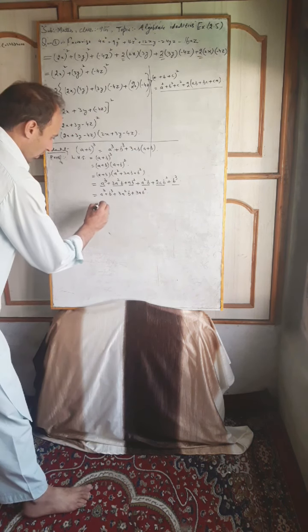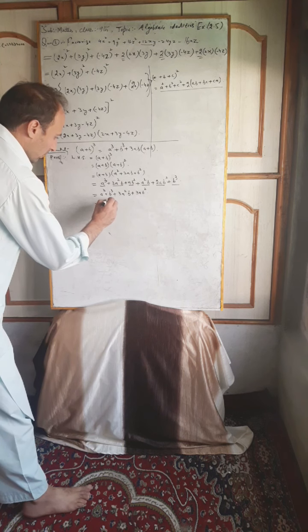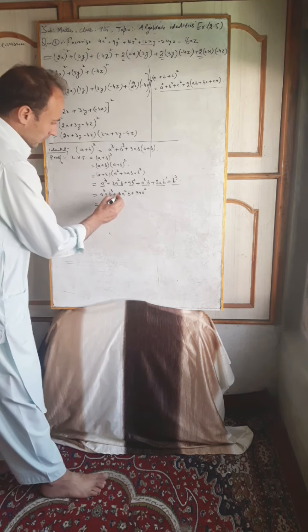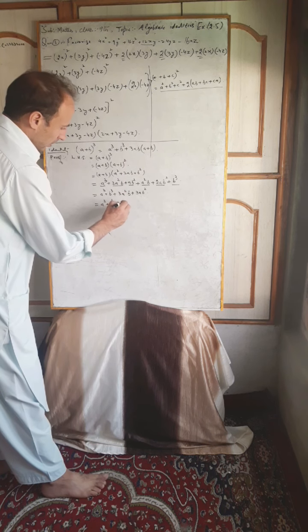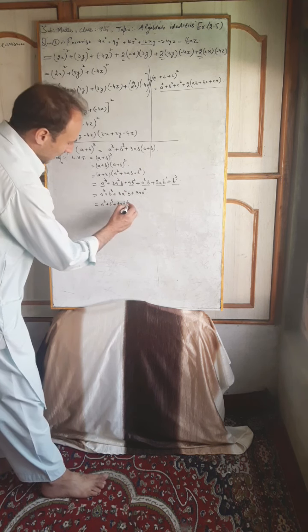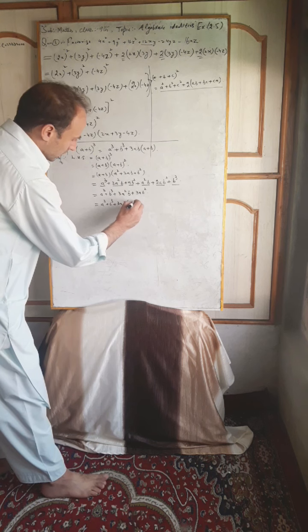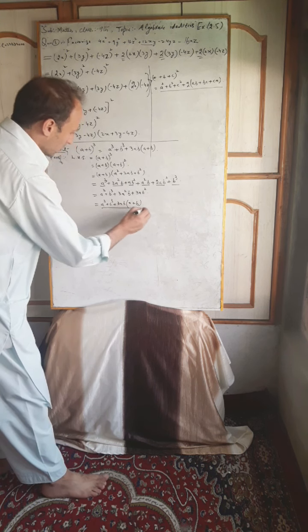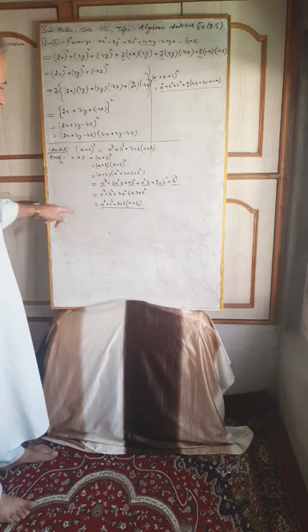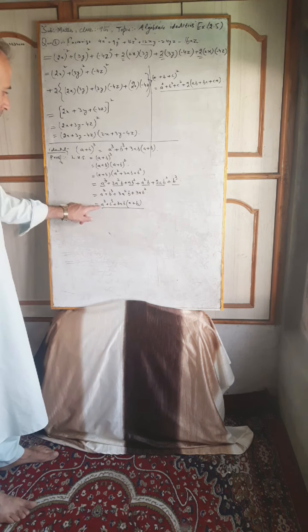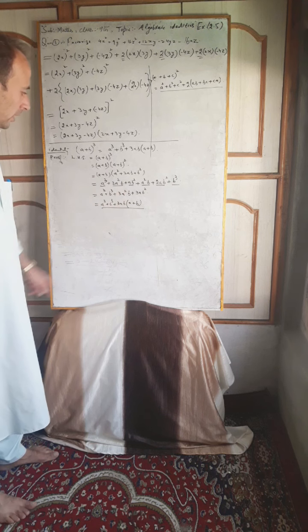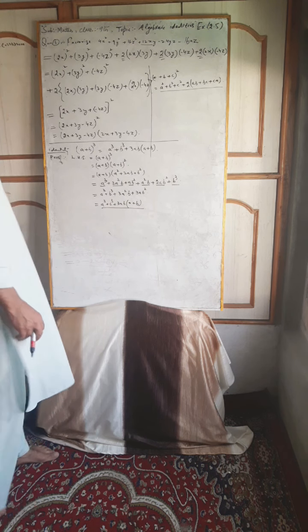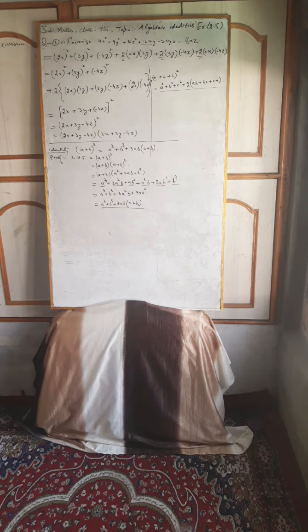Here it will be equal to a cube plus b cube. Here we will take 3 common, a common and b common, plus 3ab into, in the bracket we will get a plus b. So a plus b whole cube is always equal to a cube plus b cube plus 3ab into a plus b.